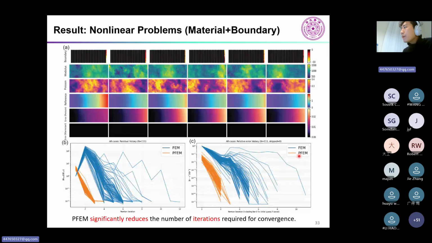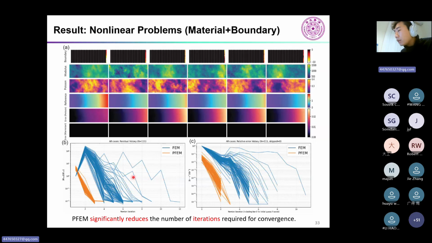Okay. We also compare to the iterative way. We use the initial solution from Transolver. As you can see, this is the original line. Because it's a nonlinear problem, we have to use a nonlinear method like Newton iteration. You can see we only need maybe 2 or 3 iterations to get a result, which will approach the same accuracy as the traditional FEM method.